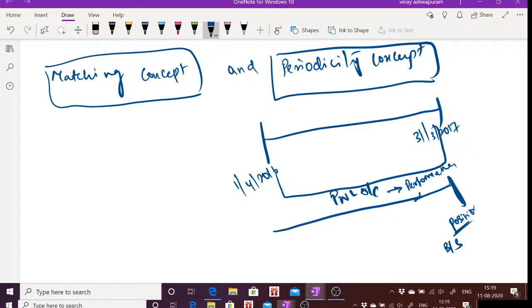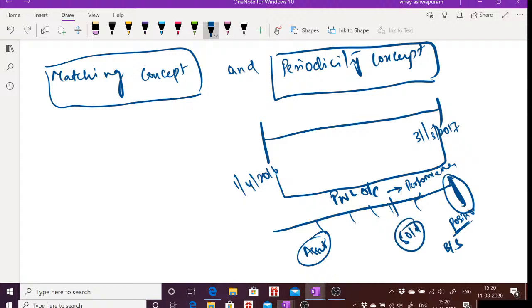In the balance sheet, I'm not going to represent whatever happened in this particular year. I will write only those items which were there on that particular date. For example, I bought an asset, and I sold it in between the year.